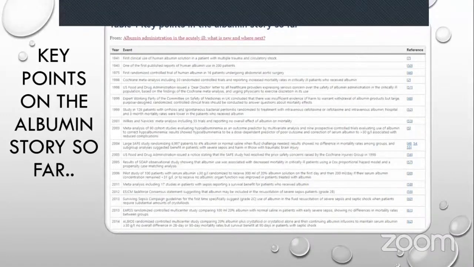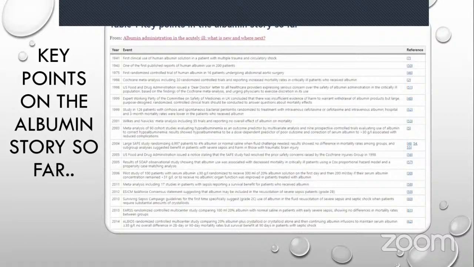The most important information comes from the subgroup analysis, where there were three subgroups. In septic patients, there was some mortality benefit. In traumatic brain injured patients, there was increased mortality. And in ARDS patients that were hypoalbuminemic and being weaned from the ventilator, there was some benefit, as we're going to see.